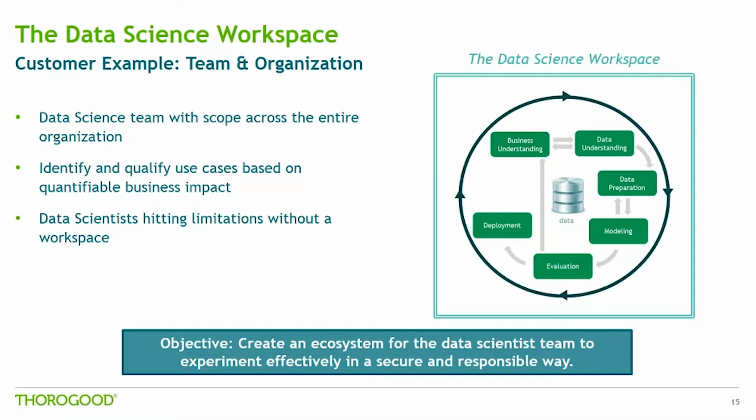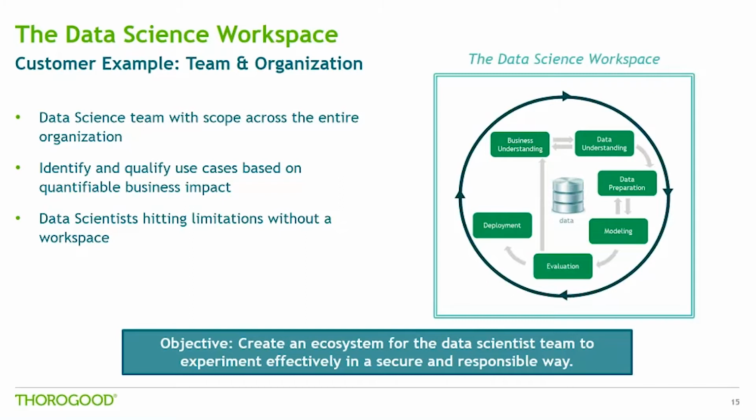And that team, to get started on their life cycle, would identify and really qualify those use cases wherever possible, defining a business impact. So they really knew what they were after in doing the mathematical or statistical exploration of the data that they have.